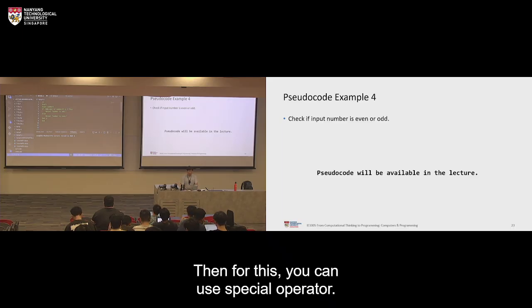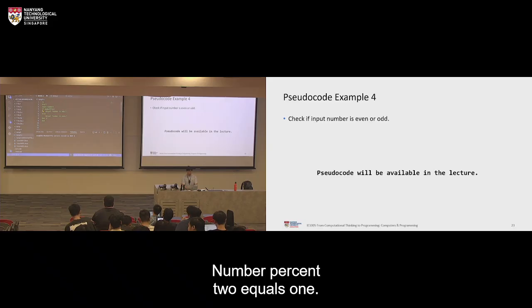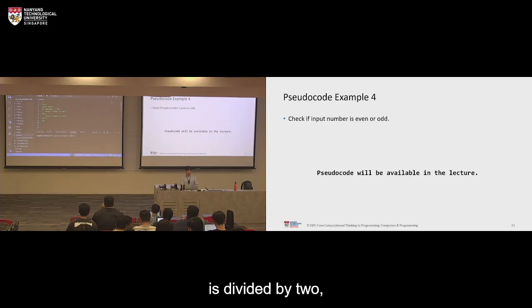Okay, then for this you can use special operator. Number percent 2 equals 1. This percent operator returns remainder. So this operation means number is divided by 2, then it will return remainder.